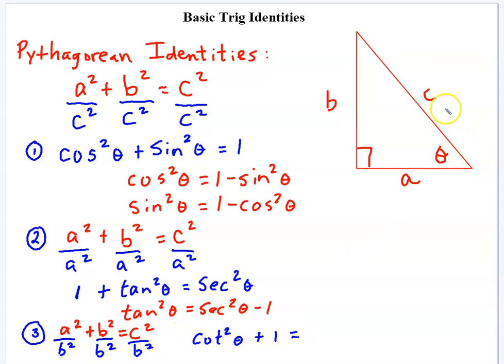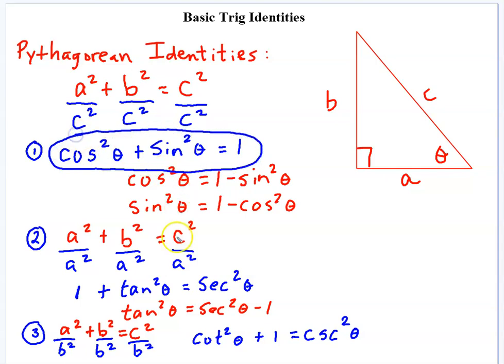And then c over b, well, we're used to seeing b over c. That's opposite over hypotenuse. That's sine. So c over b must be the reciprocal for sine, which is cosecant. And so once again, we have another Pythagorean identity. So I'm just going to circle these 3.